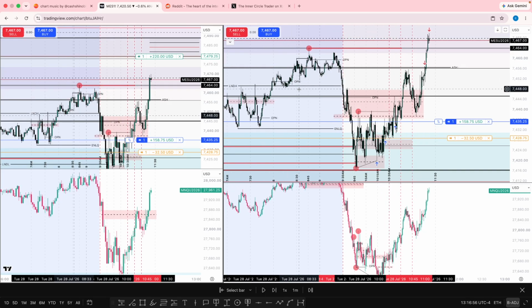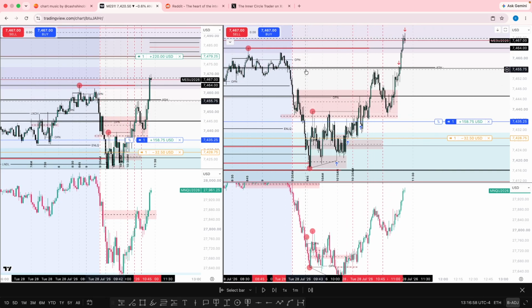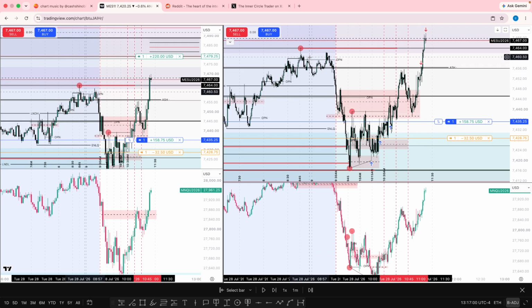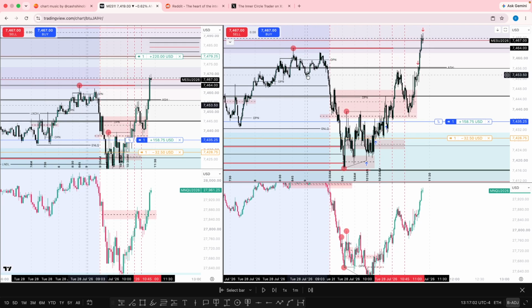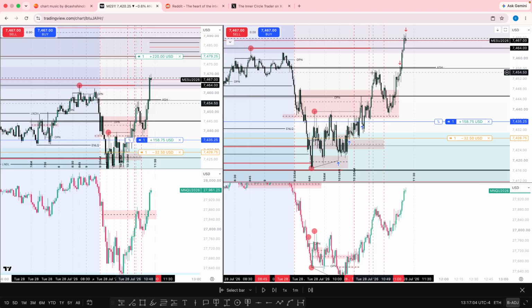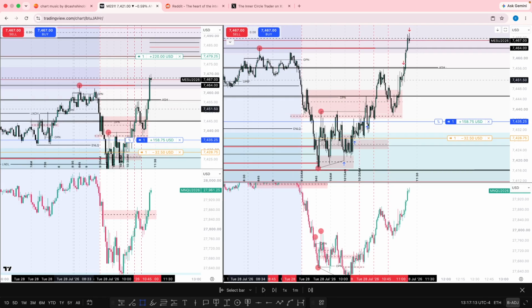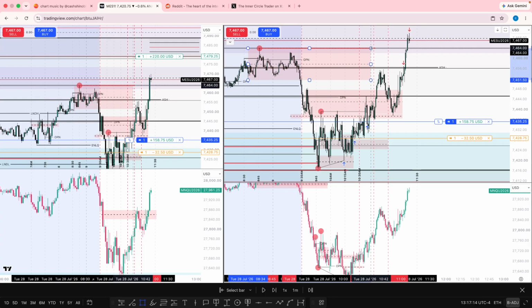So let's look at it. From this up move right here, study this up move right here. Cross from the 1 hour, from down here all the way to up here, and bring that across like that. Right? Play price.